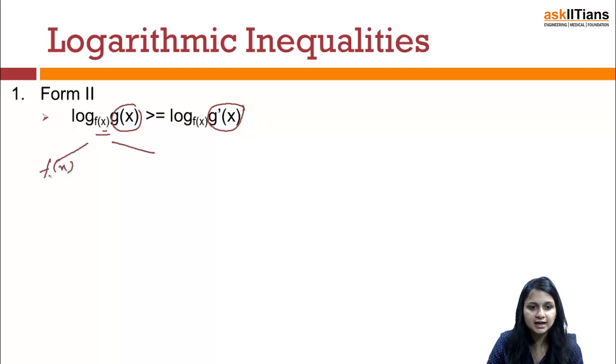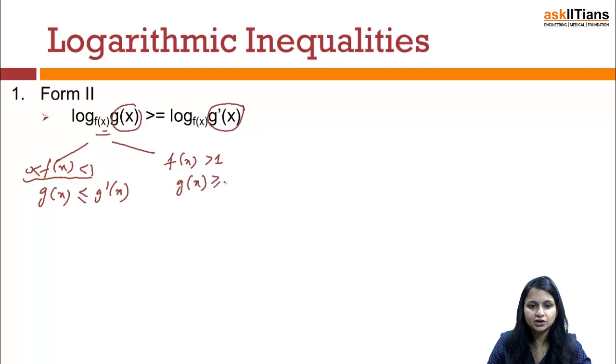If f(x) is lying between 0 and 1, and if f(x) is greater than 1. If f(x) is between 0 and 1, then I can say g(x) will reverse this sign, less than or equal to g dash(x). When f(x) is greater than 1, the sign remains the same, so g(x) greater than or equal to g dash(x). This is how we take the second form.